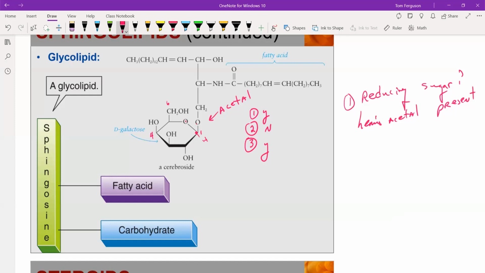Also, I asked what kind of linkage this is. Of course, it doesn't change. So what kind of galactose is that? Is that an alpha or beta galactose? Is it beta? Yes, that's correct.